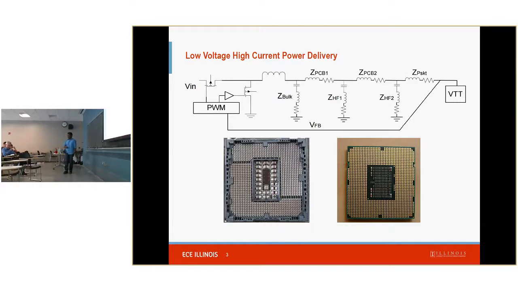Some processors go even up to 200 amps, or maybe even 300 amps for server processors. So our converter design has to be such that I have a very low effective impedance from here to here in the power delivery path.